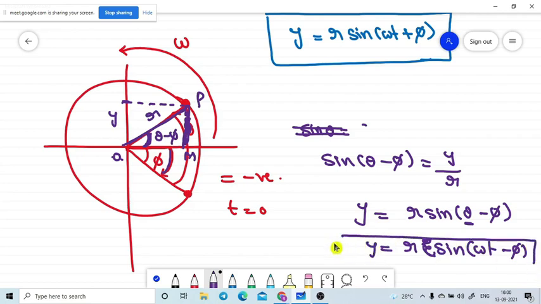But what is the condition here? At the initial state, the particle is having the negative angle. So if the particle has the negative initial angle, we need to use this formula. If at the initial state the particle has the positive angle, we need to use that formula. And at the initial stage, if the particle does not have any angle with the x-axis, we need to use this formula.